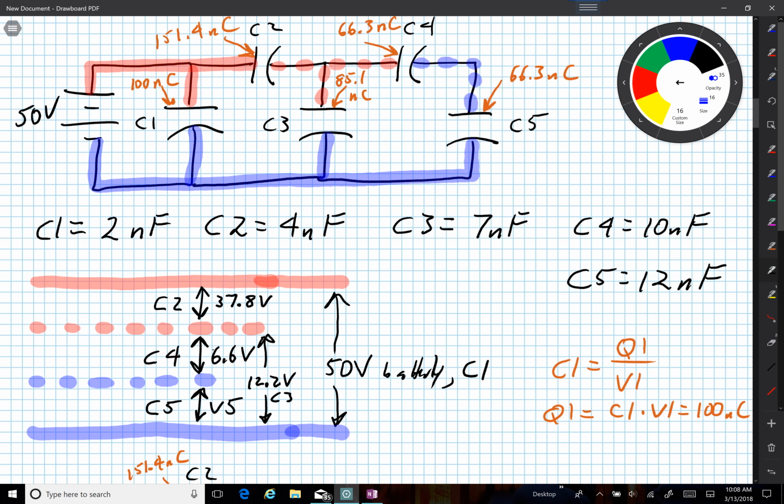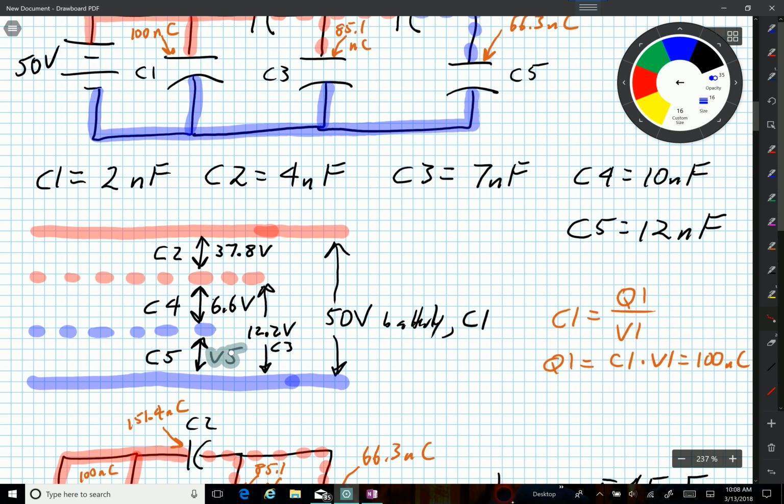Now look. Voltage adds up. I know from dashed red down to solid blue is 12.2 volts. Well, I'm going to do that in two jumps. I'm going to go from here, jump, jump. Those two jumps have to add up to 12.2. Well, the first jump is 6.6. So that means the second one has got to be 5.6 volts.